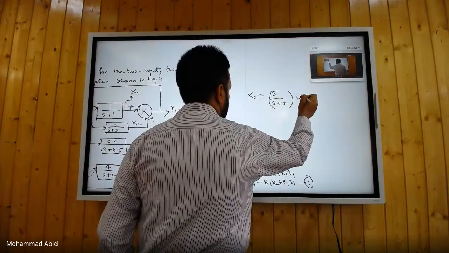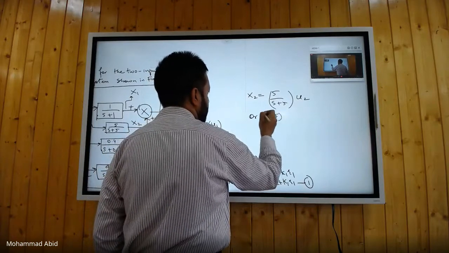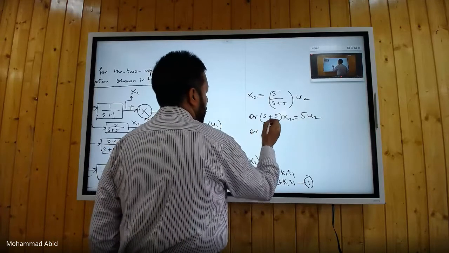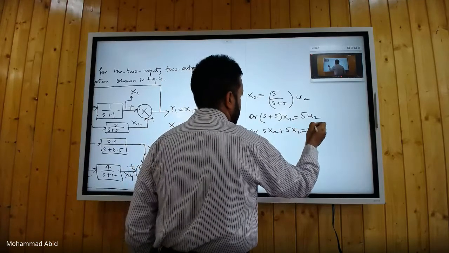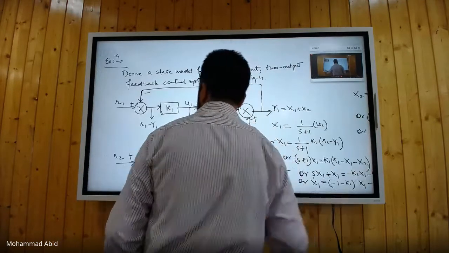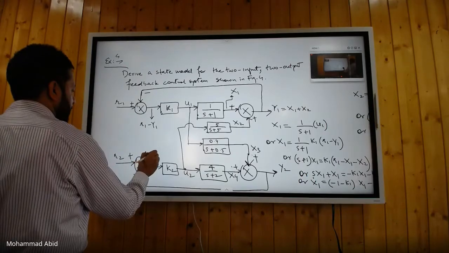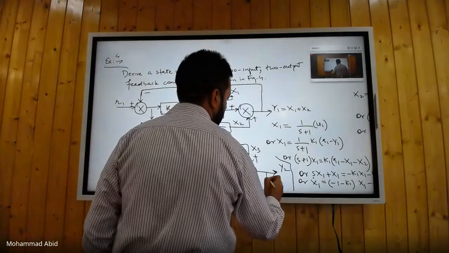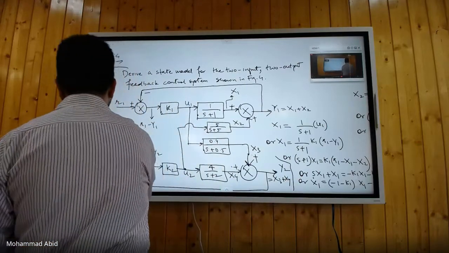Into u2, or s plus 5 into x2 is equal to 5 into u2, or sx2 plus 5x2 is equal to 5 into, what is u2 equal to? u2 is equal to k2 into, ये वाले सिग्नल क्या है यहाँ पे? R2 minus Y2. R2 minus Y2, and what is y2 equal to? x3 plus x4, isn't it? Is that okay?